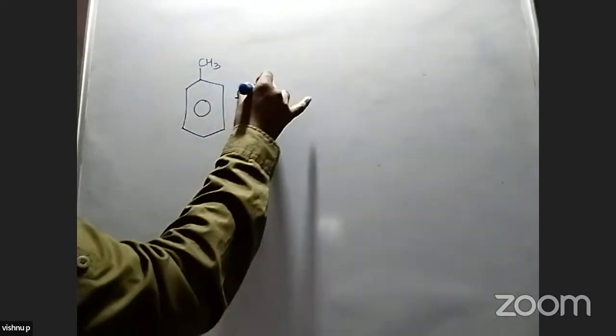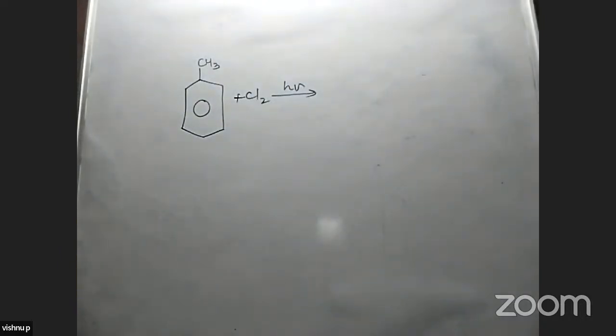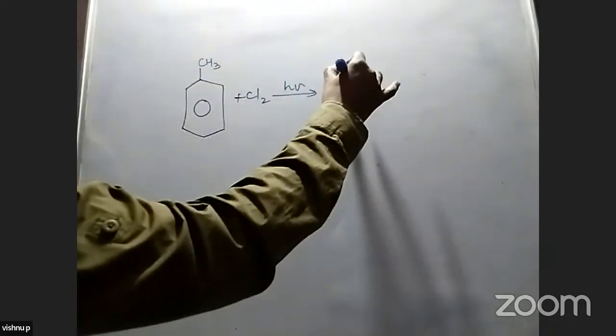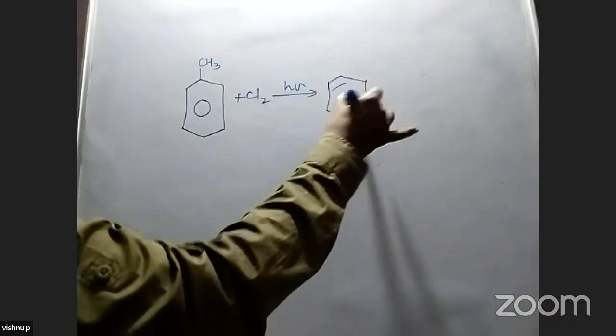Next preparation method, side chain chlorination of toluene. So we write alternate bonds or we write a ring also. This is toluene. Toluene when reacted with chlorine in the presence of sunlight. So in the presence of sunlight, when toluene reacts with chlorine, what is the reaction? Free radical substitution reaction.